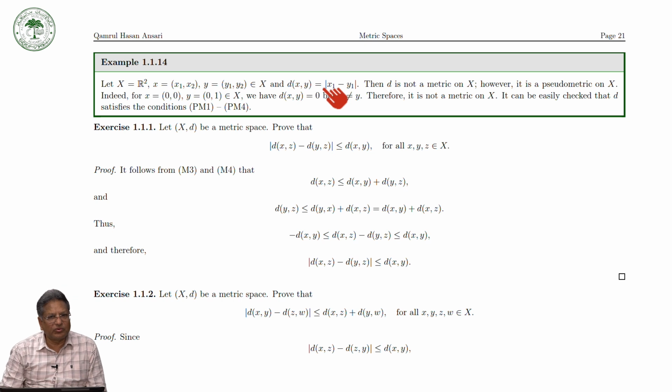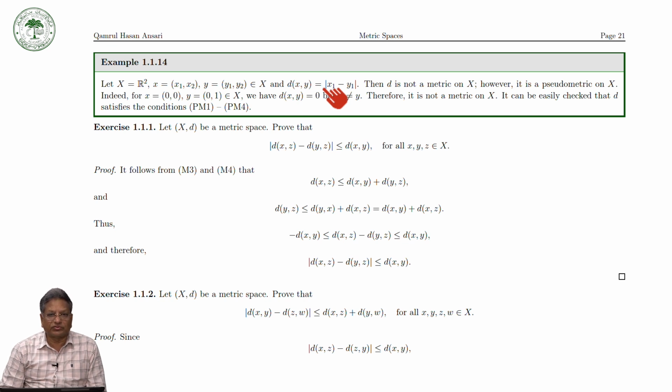Keep in mind, in R2 we have defined d(x,y) equal to mod of x1 minus y1 plus mod of x2 minus y2, and we have seen that this is a metric on R2.